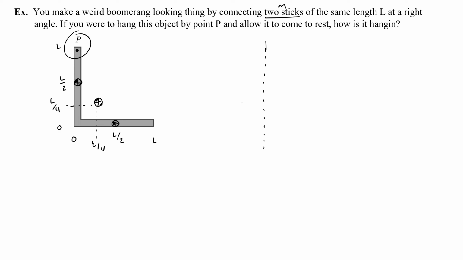And after this object has swung and calmed down, the center of mass would be in line with that pivot point P. And judging from this picture, if I draw a line between the center of mass and point P, I can get an idea of what it's going to look like if I try to draw this vertically. There's going to be a little bit of mass that crosses over that line. This is a terrible drawing, but you get the idea.